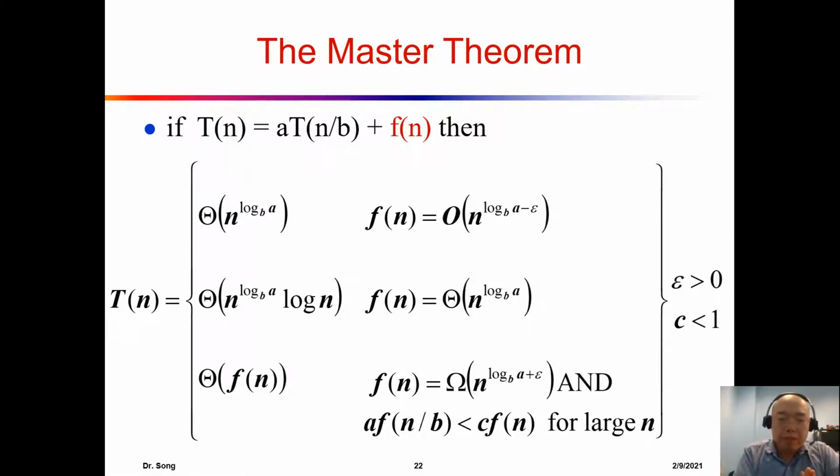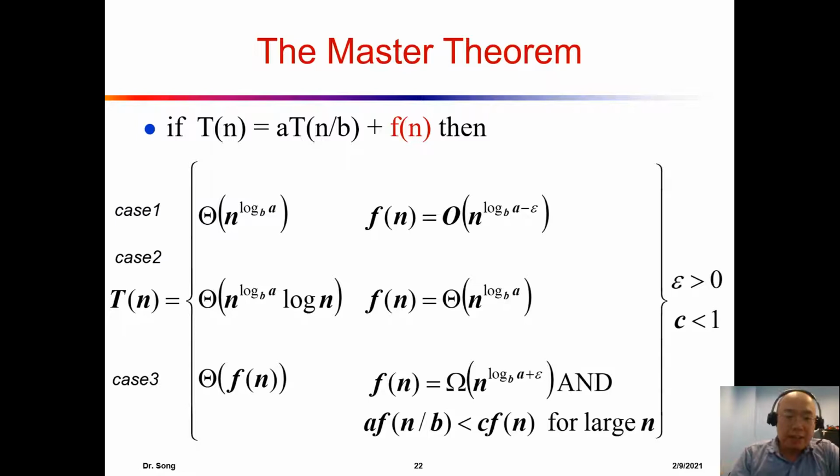Okay? So how do we solve that? Well, similar to what we have seen before, there are still three cases. But for those three cases, I'm not going to prove equation after equation to show you how we get here. Instead, I'm going to show you what is inside the box of the master theorem.